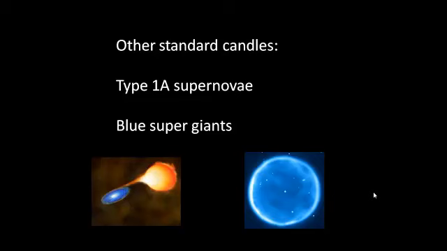When it reaches a certain mass, it explodes in a very, very bright flash, a supernova, and then interestingly the process starts again, and that very bright flash is of known brightness. We know how bright it is, therefore it is a standard candle.